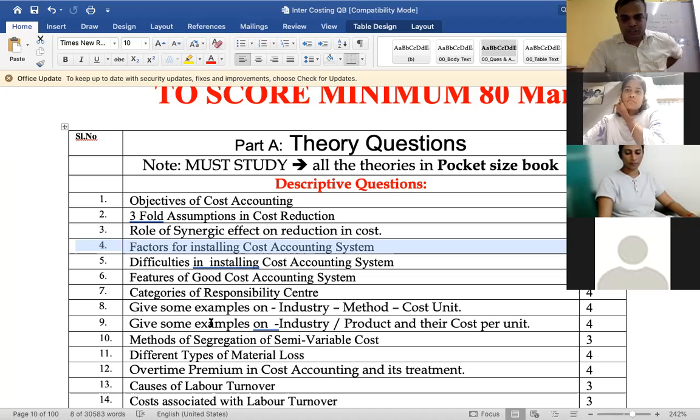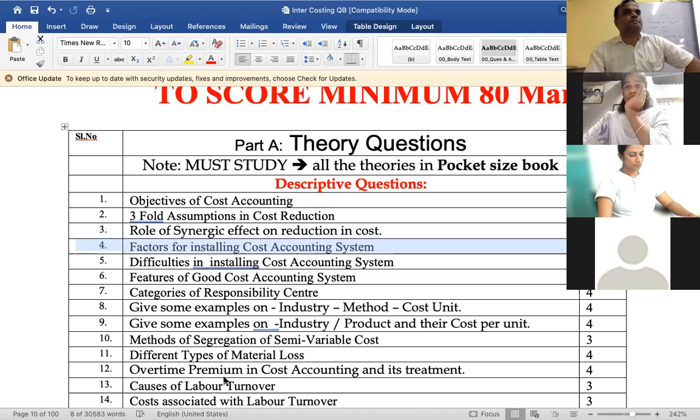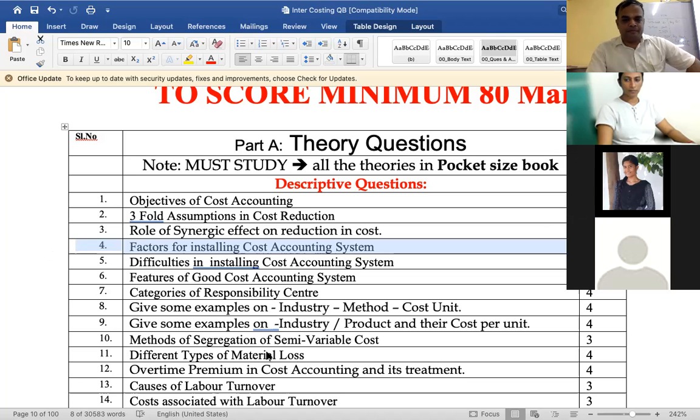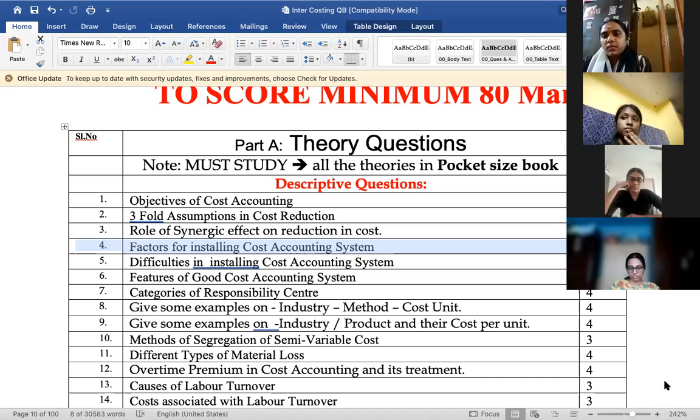Okay, good. Kavya, kindly read the 8 factors once again. Page number 6. Very good. Nandini, read.